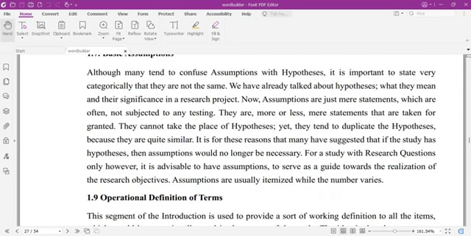Okay? For a study with research questions only, however, it is advisable to have assumptions to serve as a guide towards the realization of the research objectives. Assumptions are usually itemized while the number varies.